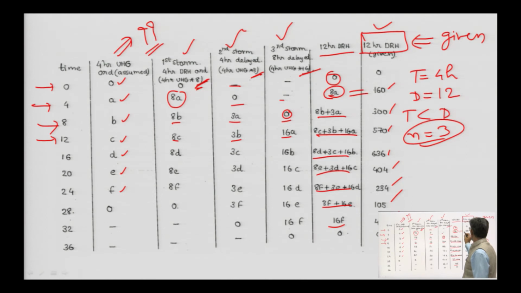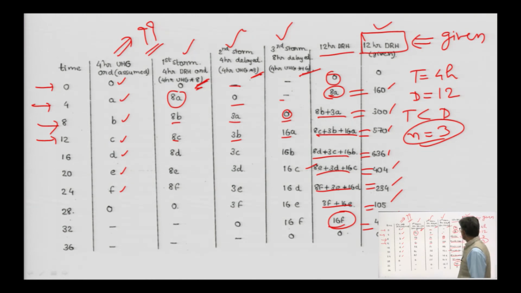Equate these equations. F is 3, 48 by 16, here A is equal to 160 by A, and find out the remaining things. Put the value of A to get the value of B, put the values of A and B to get the value of C, put the values of B and C to get the value of D. Similarly, the E value can be calculated here, and F is known to you, so no problem.